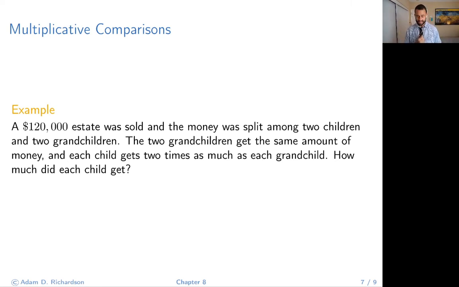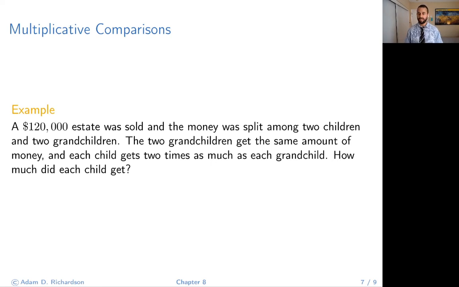All right, let's see what we got here. A $120,000 estate was sold and the money was split among two children and two grandchildren. The two grandchildren get the same amount of money and each child gets 2 times as much as each grandchild. See, there's that multiplicative comparison right there. How much did each child get? So we're trying to find out how much each child gets.